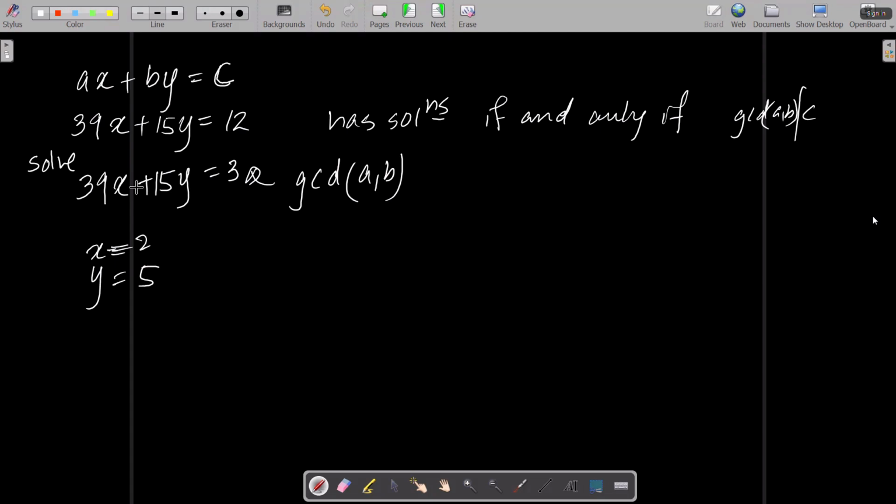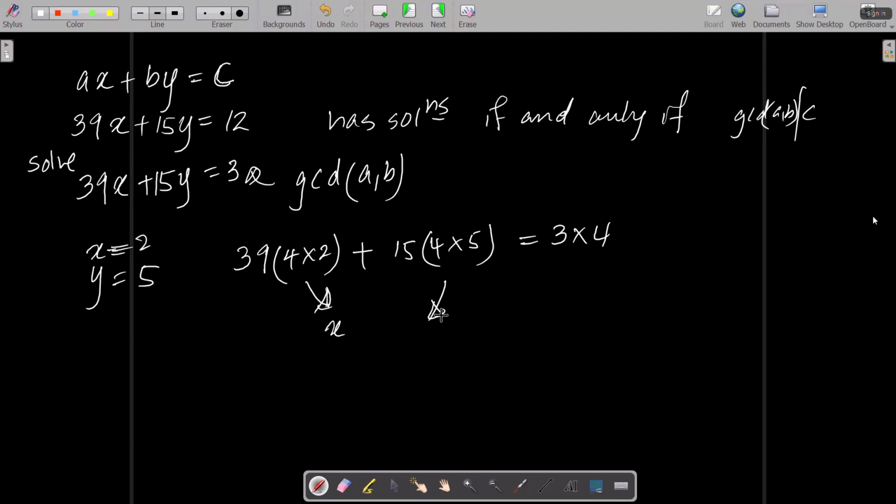Then you can multiply this equation by 4. Then you have 39 times 4 times 2 plus 15 times 4 times 5 is equal to 3 times 4. Now 4 times 2, 8 is the solution for x. And this is y. So x is going to be 8 and y is going to be 20.